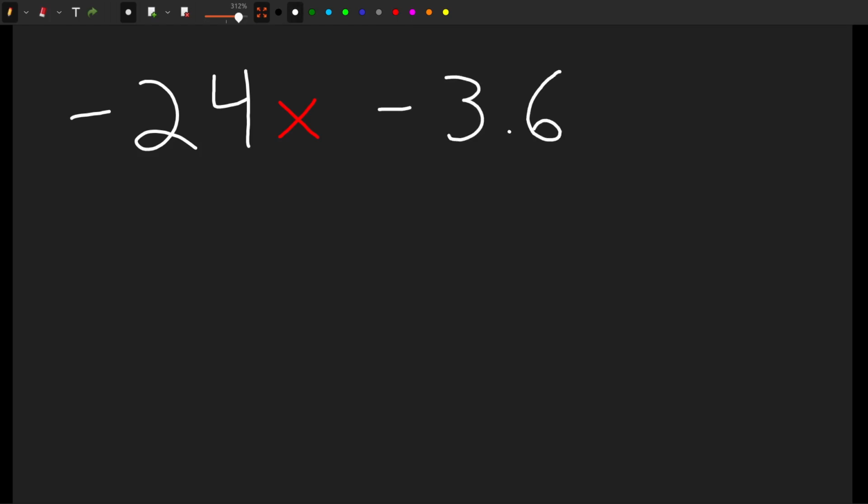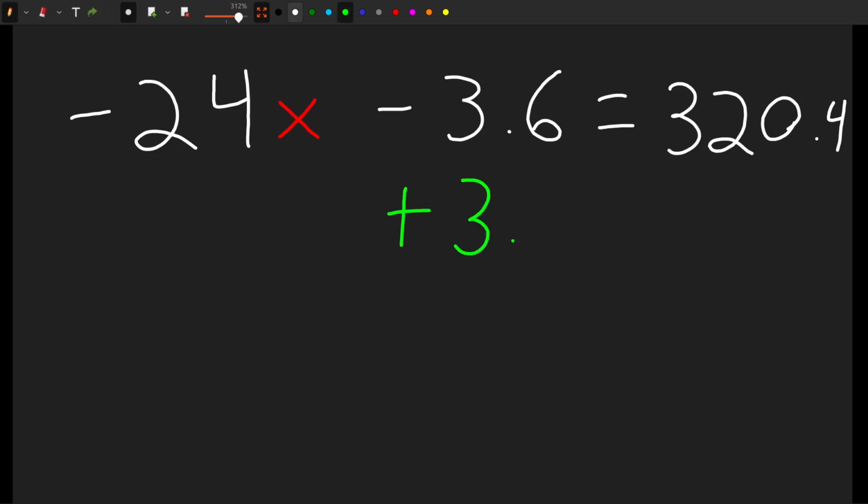So the last problem we have here is negative 24x minus 3.6 is equal to 320.4. First thing I'm going to do is add 3.6 to both sides.